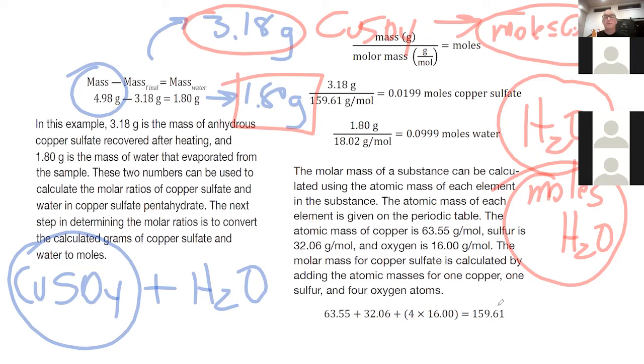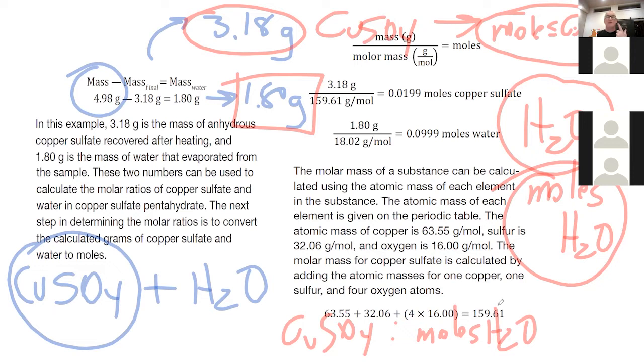Remember, any formula we've ever looked at is based on moles, right? So if we know how many moles of copper sulfate there are, and we know how many moles of water there are, and we know what the ratio is, we should be able to say for every 1 mole of copper sulfate, there is X moles of water. So it's a fairly straightforward lab.